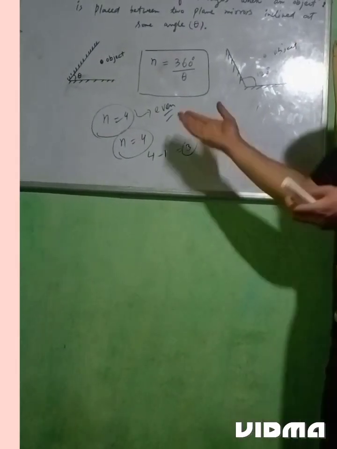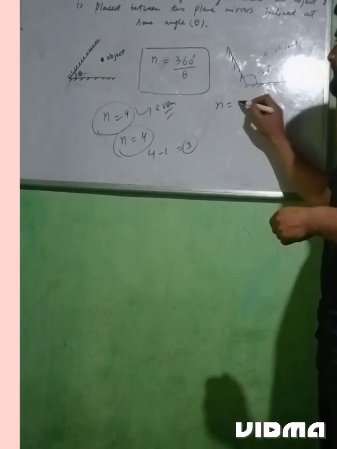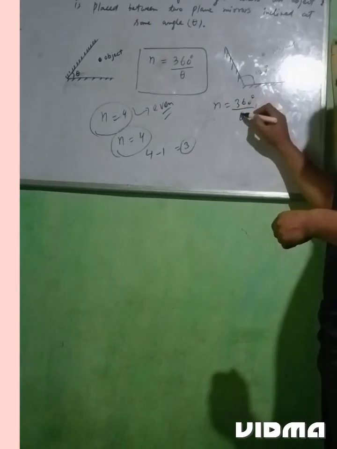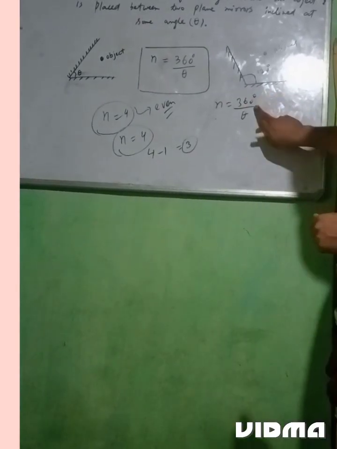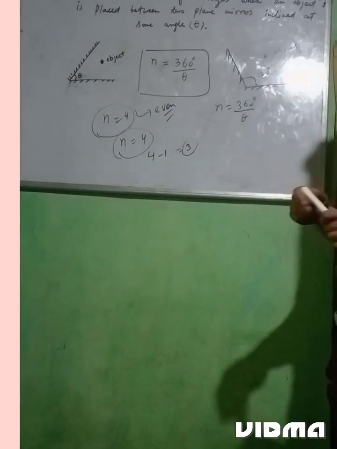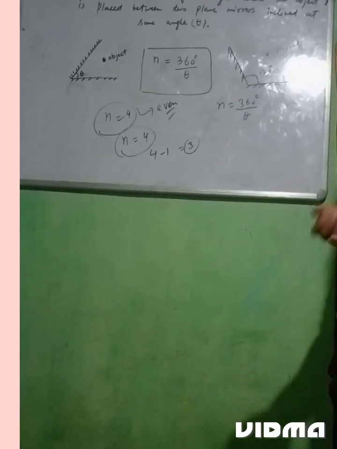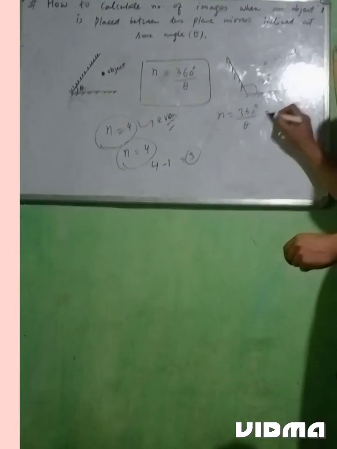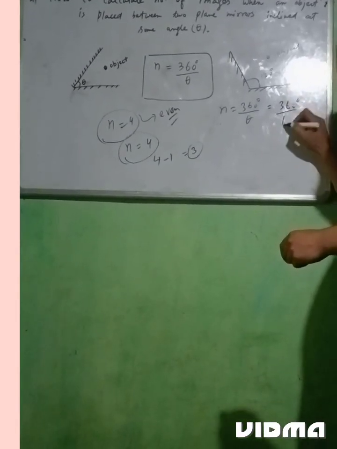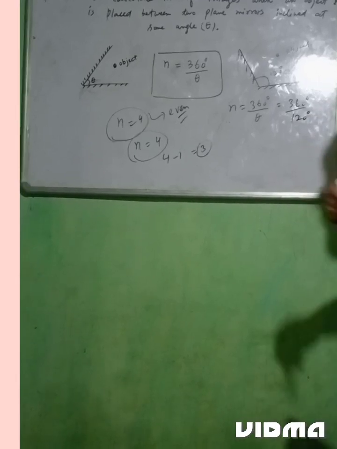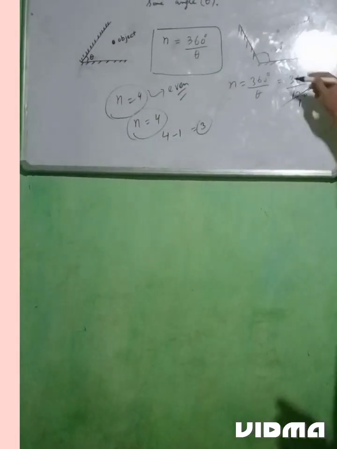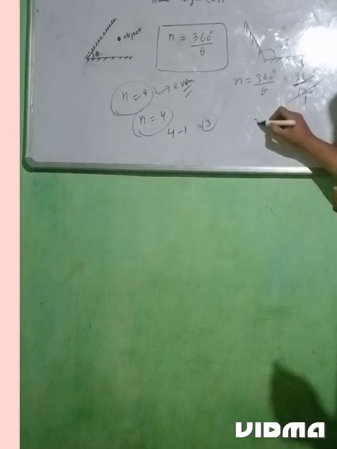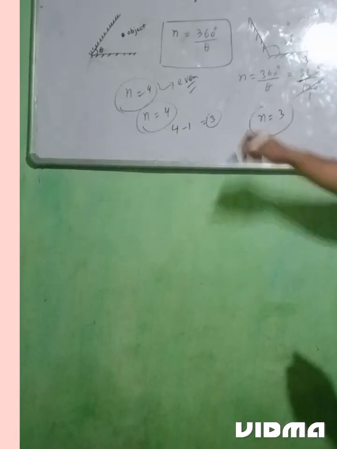We will go through the formula, that is n equal to 360 degree divided by theta. And in place of theta, we will place here 120 degree because theta is the angle between these two mirrors, and here it is equal to 120. 360 divided by 120 degree. 120 ones are 120, 120 threes are 360. That means n here came out 3.